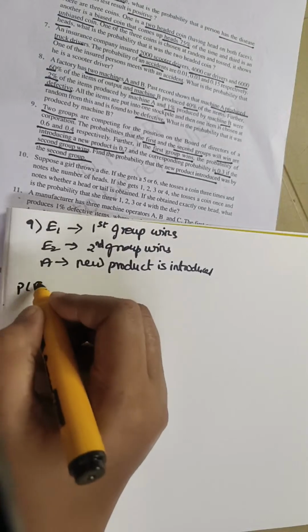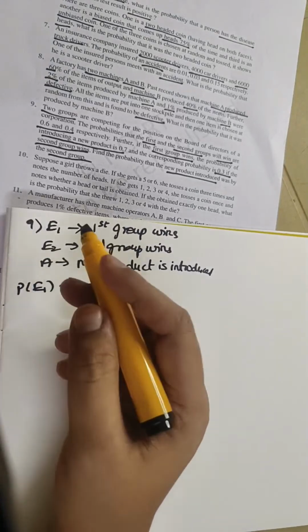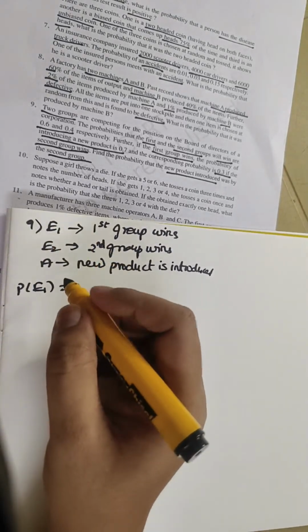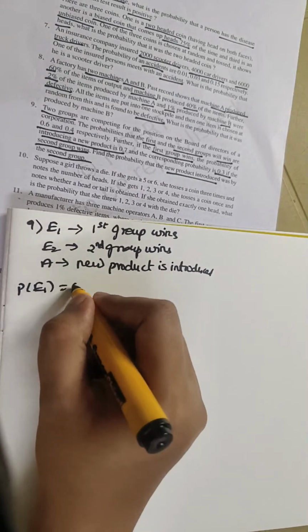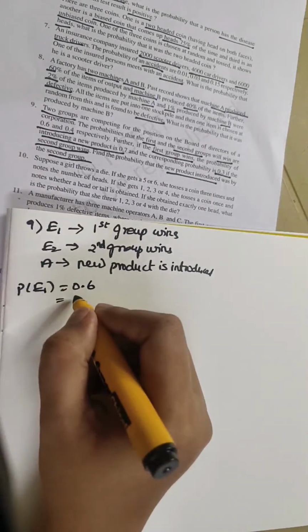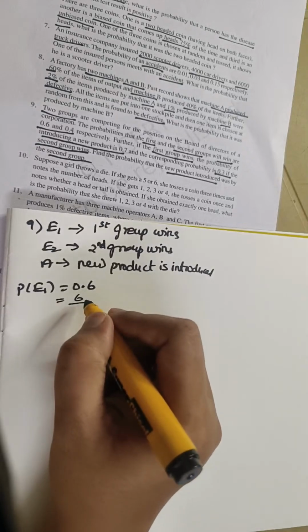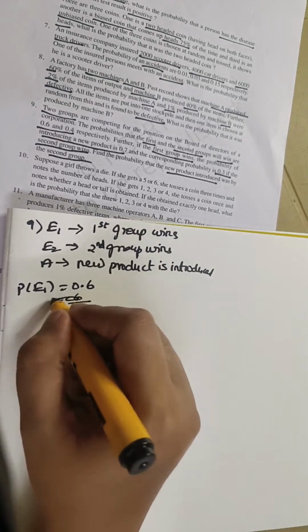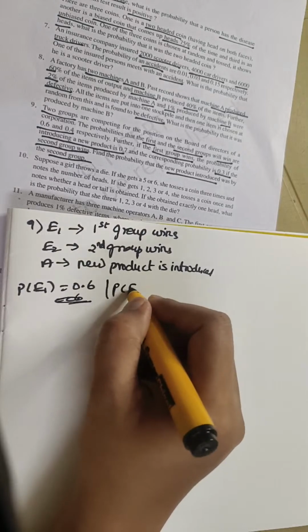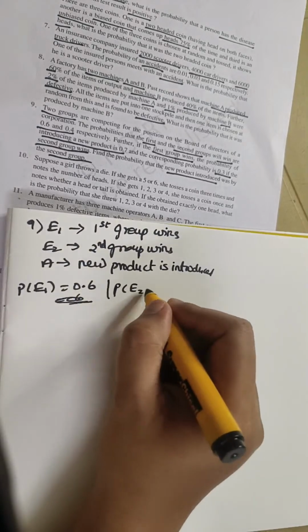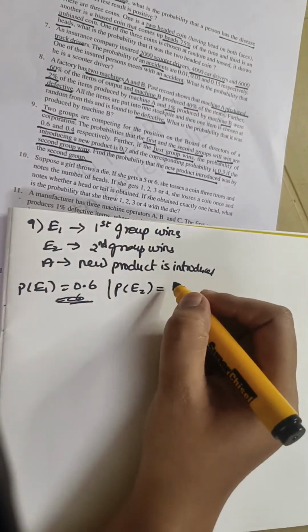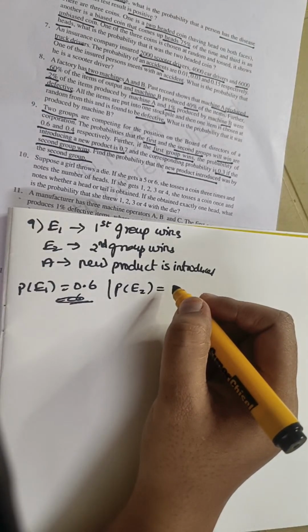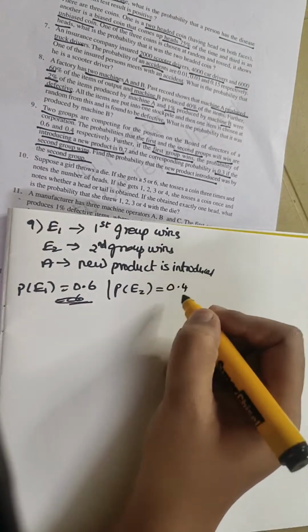Now, to find the probability of E1, they have already given it straight away in the question as 0.6. So that is 0.6, or 6 by 10. P of E2 is 0.4, or 4 by 10.